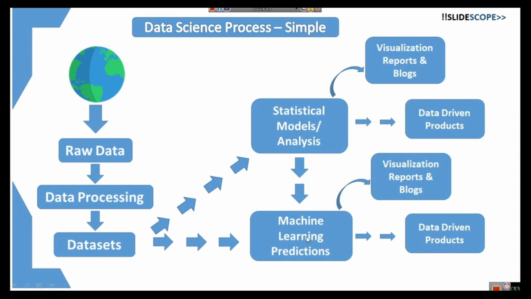So this is a very simple data science process, and you can see after statistical analysis and modeling, we can come to machine learning also. Statistical models and analysis is done in order to understand the relationship between various input and output parameters.